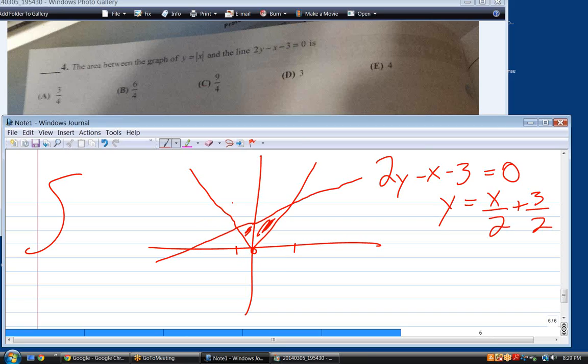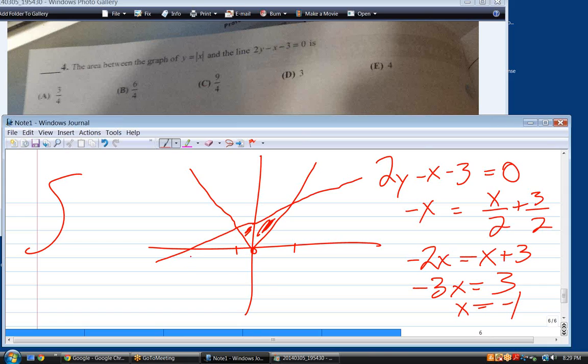Okay. So first of all, where do these intersect? When that's equal to minus x, I've got minus 2x equal x plus 3, minus 3x equal 3, x equal minus 1.